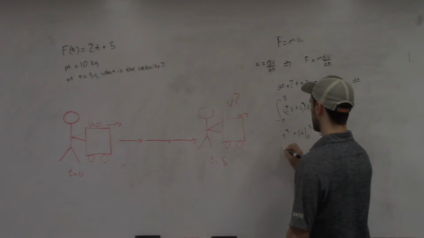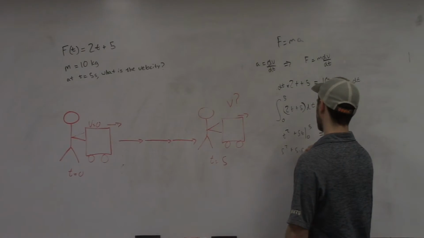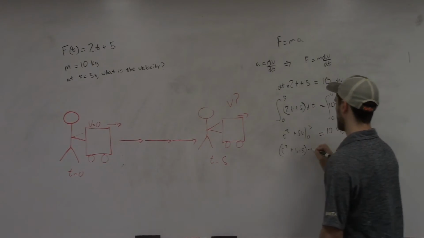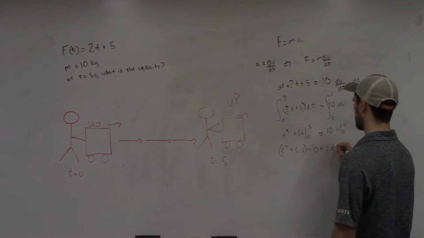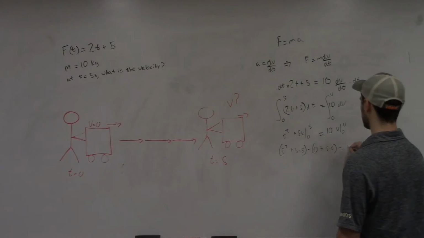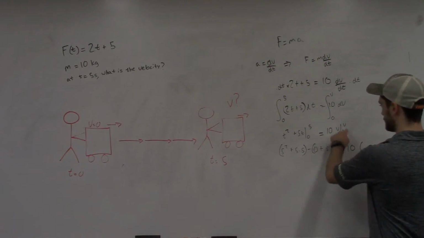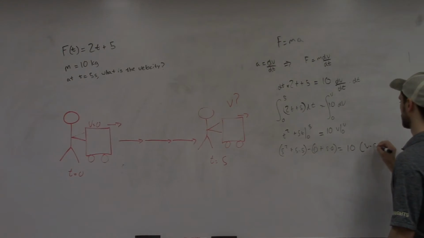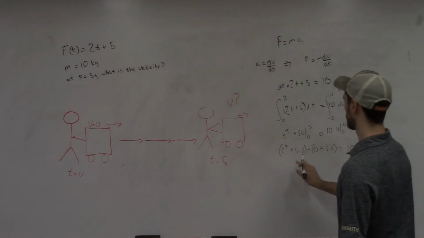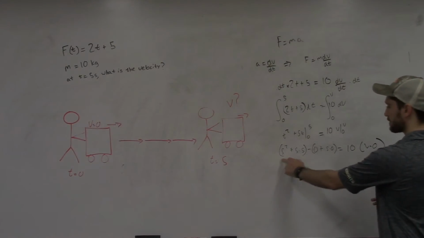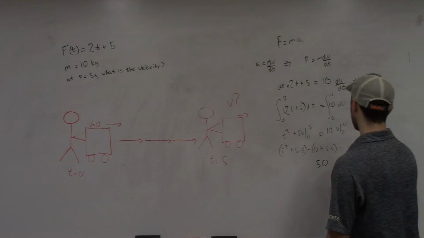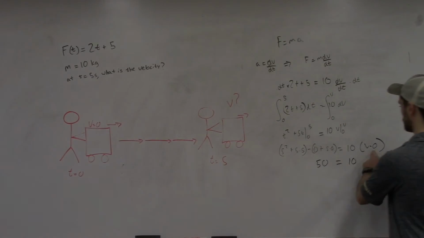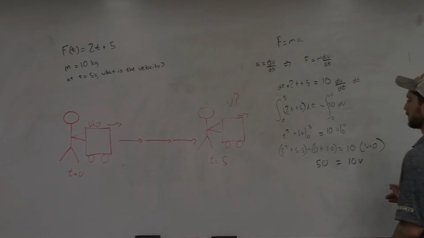So here, this becomes 5² + 5 times 5, minus 0 plus 5 times 0. This is equal to 10 times (v minus 0). So if we simplify this out, this is 25 + 25, this is 0, so we have 50 is equal to 10v.